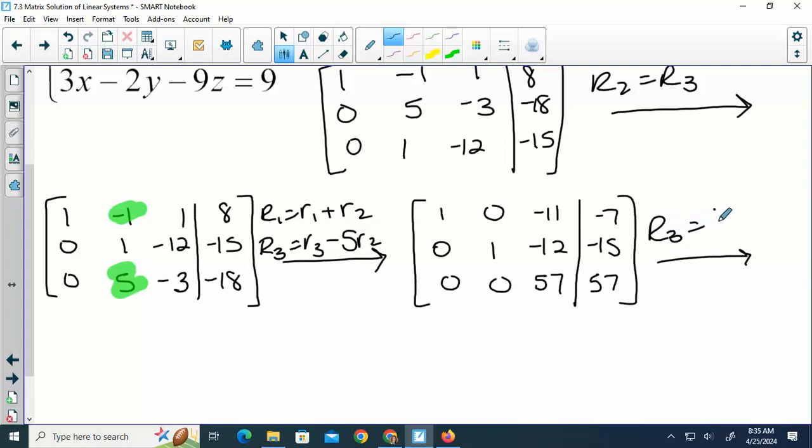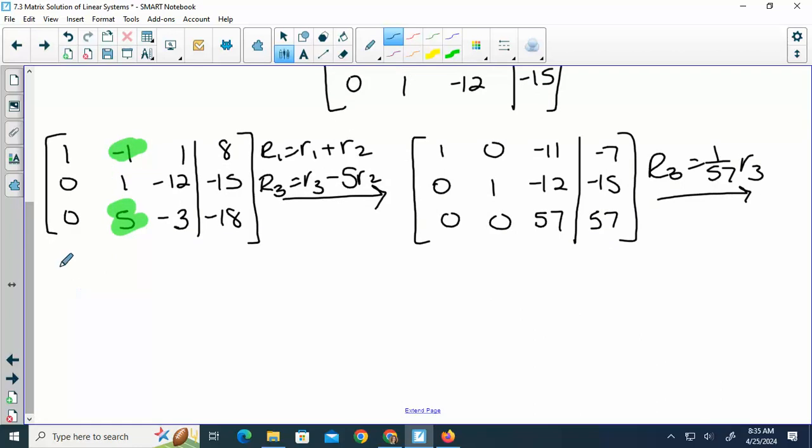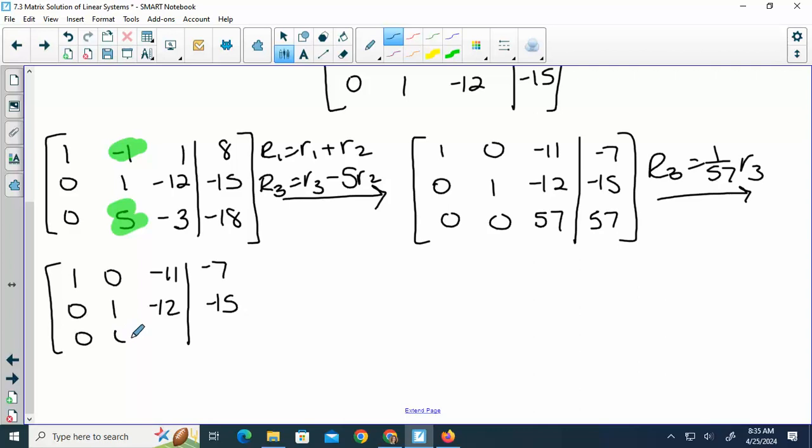So row 3 is 1 over 57 row 3. I was getting a little confused because I was multiplying, like adding it by negative 5 times 12, and I was getting like 6.